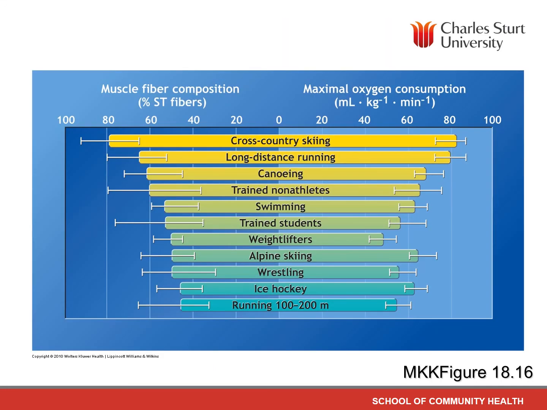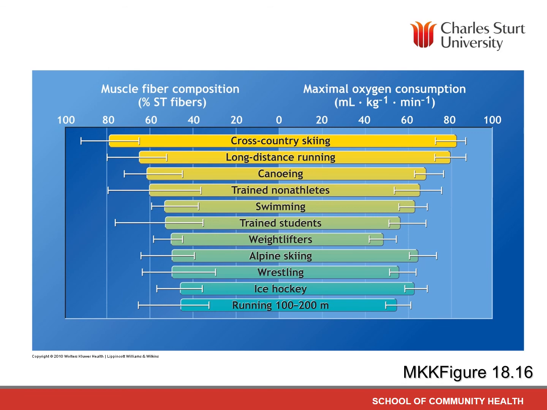Okay, so finally, we've just got a slide here that shows the correlation of muscle fiber composition, the percent of slow twitch fibers in some different sporting groups, and correlating this to their maximal oxygen consumption. Now, traditionally, we say the group with the highest VO2 max is cross-country skiing, because you're using almost every muscle in your body, and it's a really hard endurance training.